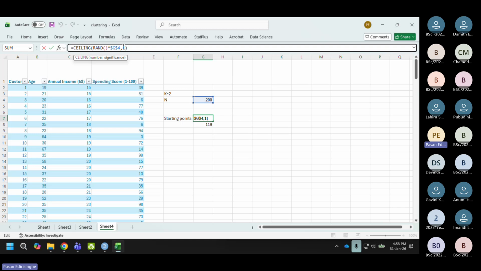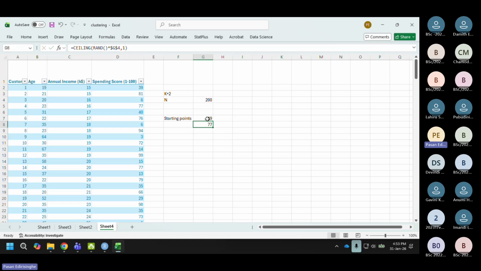If you put 2 there, then it is giving us the decimal numbers as well, rounding up to the nearest decimal point. So we can use 1 there in the CEILING command, giving you the rounding up to the nearest integer. That's how I get the two numbers here as the two starting values that I'd like to pick. Okay, so those are my two starting values.